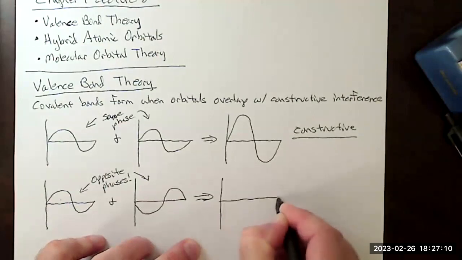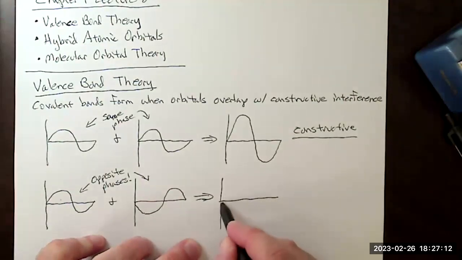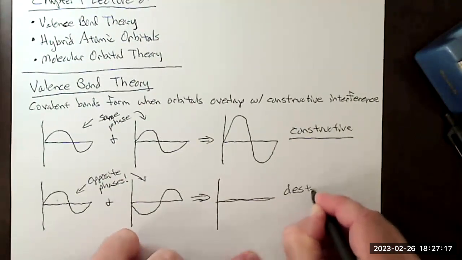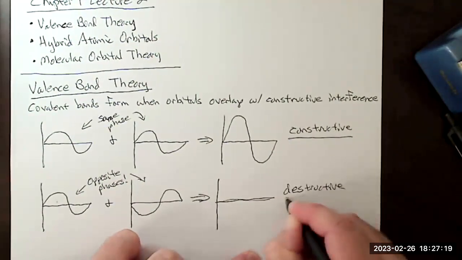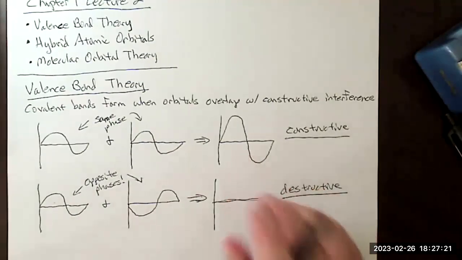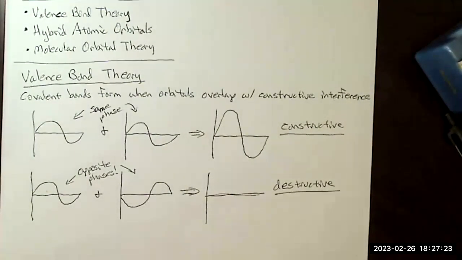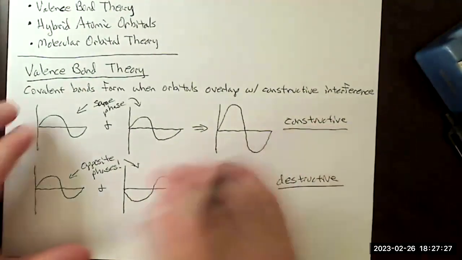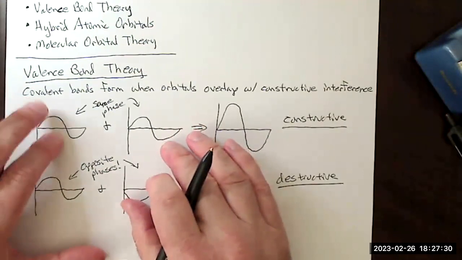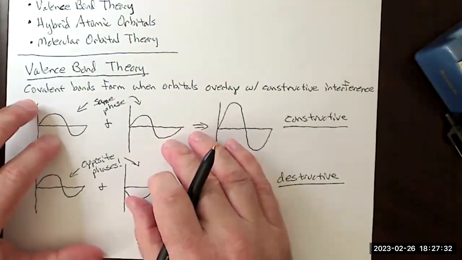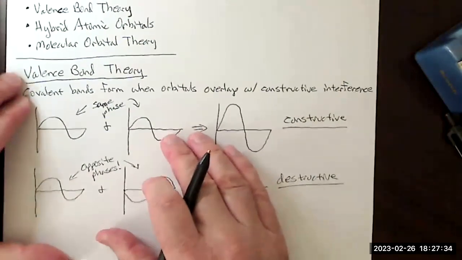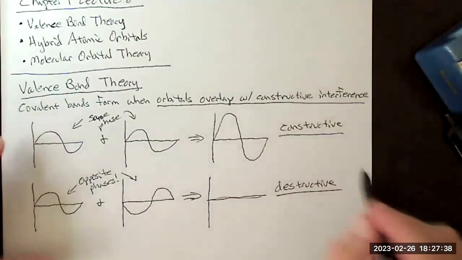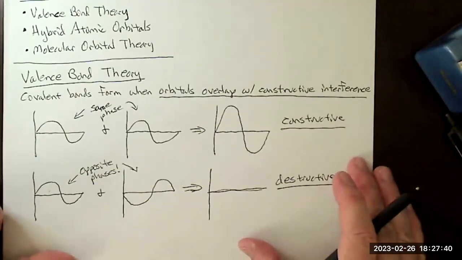So adding those together gets us basically nothing there. So we call that destructive. So again, our electrons behave like waves, so they have this property of interference when we try to add them together. And it is only when we have orbitals overlapping with constructive interference that we can get chemical bonds.